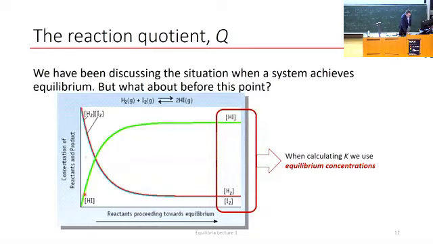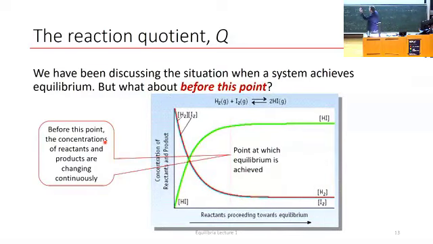We want to find out what's going on at this stage. But the problem is if we sample and then sample 2 minutes later, the concentrations will have completely changed. There won't be equilibrium concentrations. The great thing about equilibrium is if we sample here, or here, or here, the equilibrium concentrations haven't changed. So we can say whatever we like about that system at equilibrium. But if we want to know what's going on before equilibrium, we need a different way to think about it.